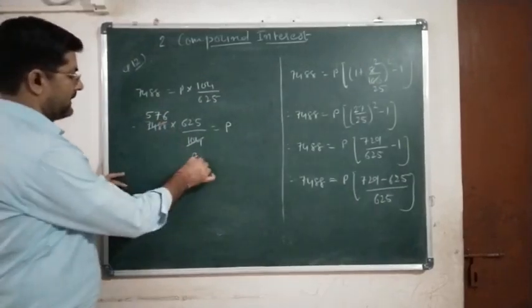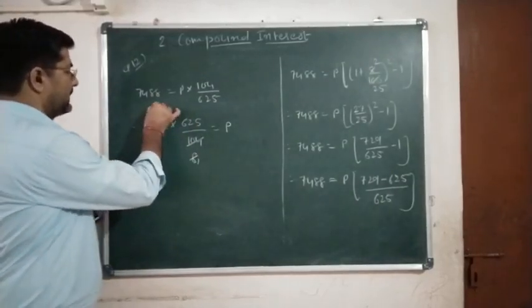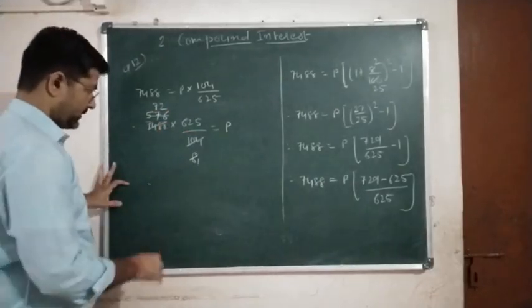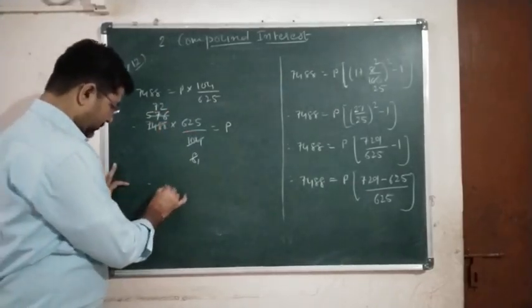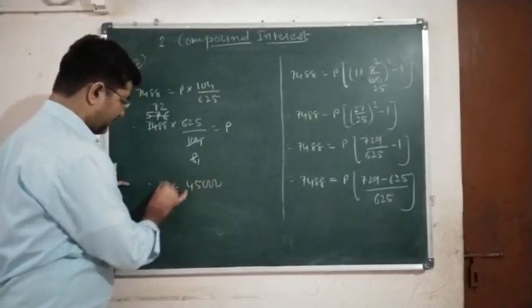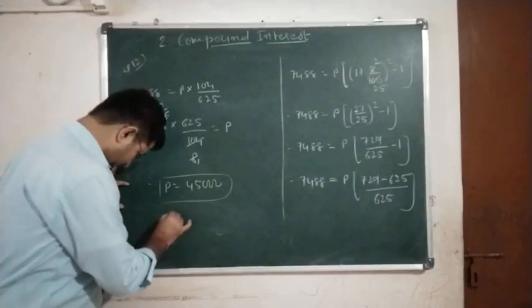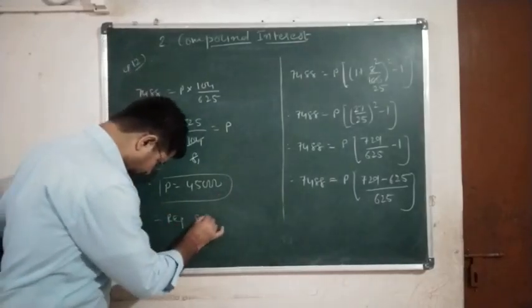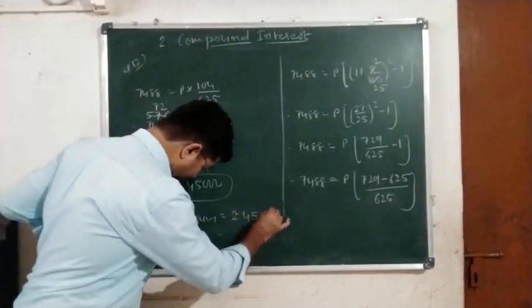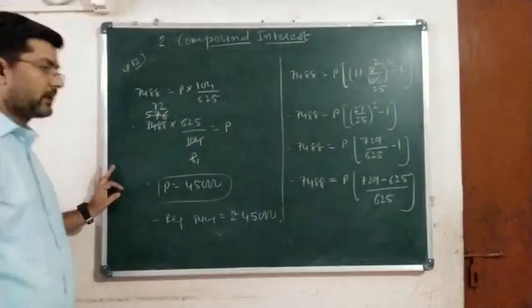Again by 8 directly, 8 1s are 8, 8 7s are 56, 8 2s are 16. Now if you multiply 625 into 72, you will get the value of P to be 45,000, and therefore the required sum is rupees 45,000. Clear?